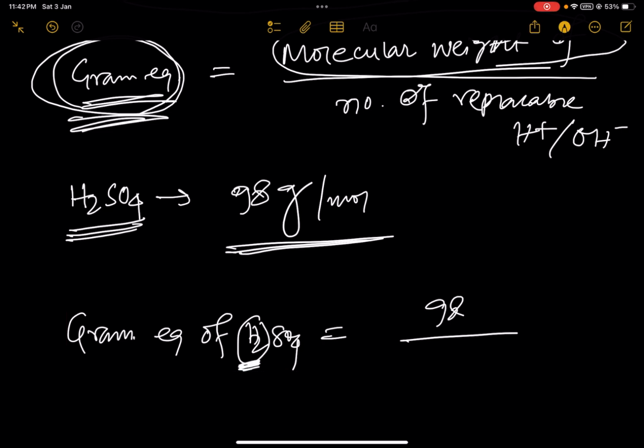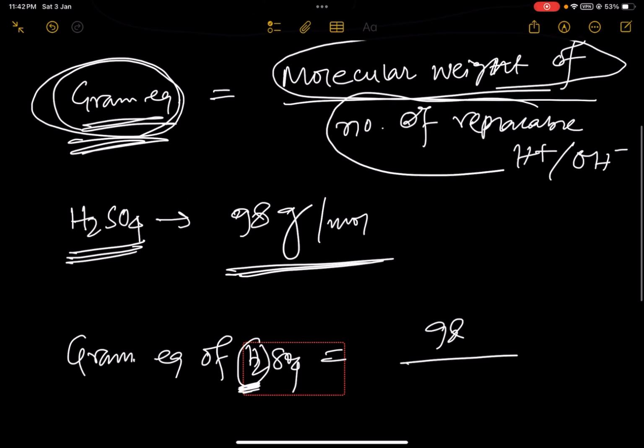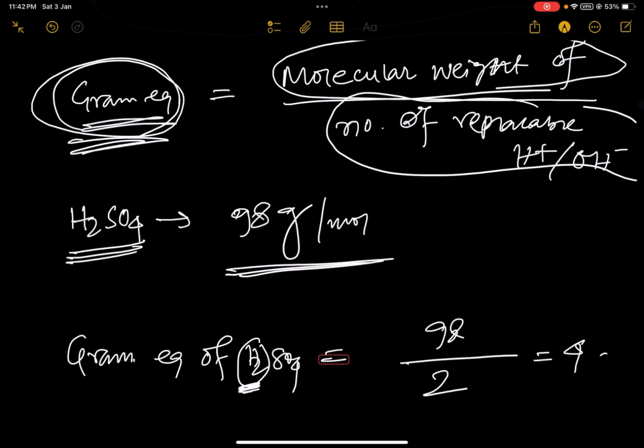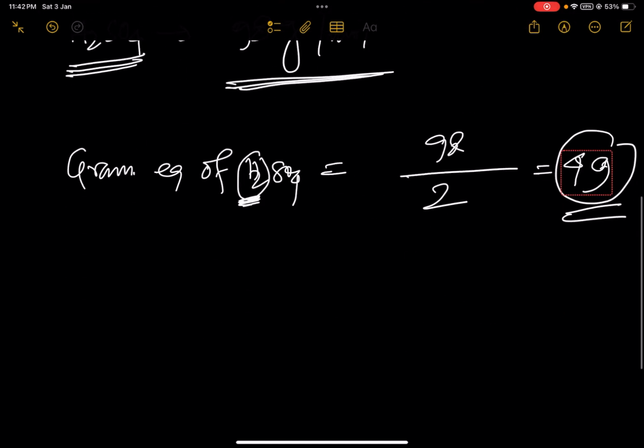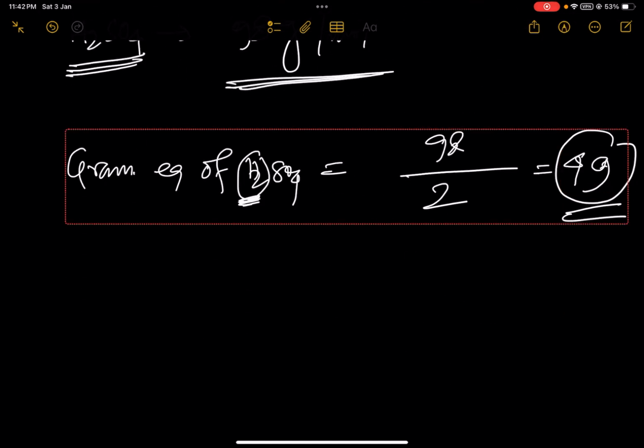So 98 divided by the number of replaceable H plus ions, that is 2 for H2SO4. It comes to 49. Okay, this is the gram equivalent of H2SO4.